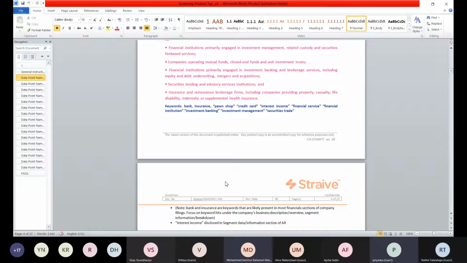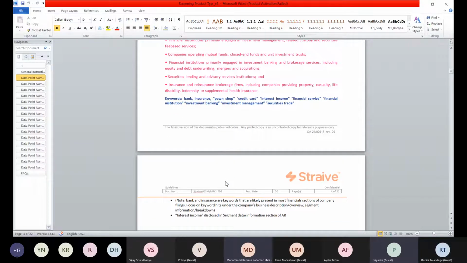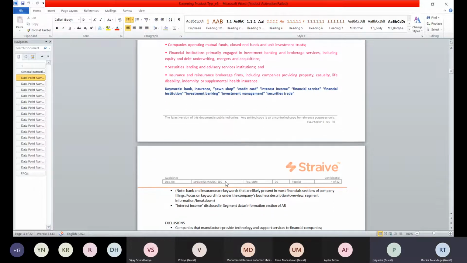If it is one of the 16 businesses, then the company should generate revenue from that business. Now here we have two more keywords, bank and insurance. If you search with these two keywords in the report, you will get so many results.